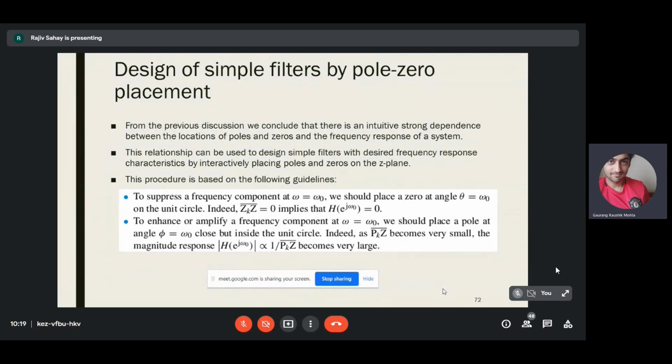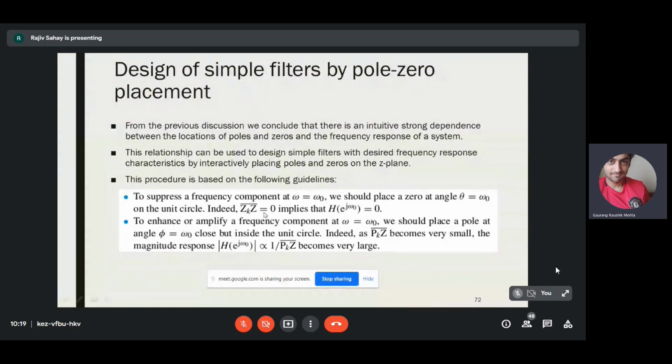If you want to suppress a particular frequency, then you can place a zero at that angle. Suppose you want to suppress a frequency component at omega equal to omega naught, we should place a zero at an angle theta equal to omega naught on the unit circle.